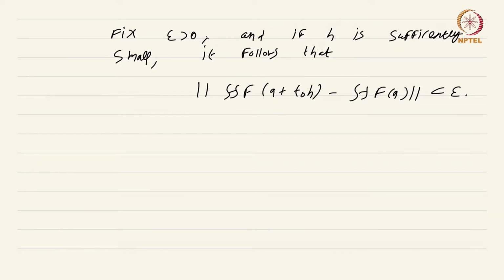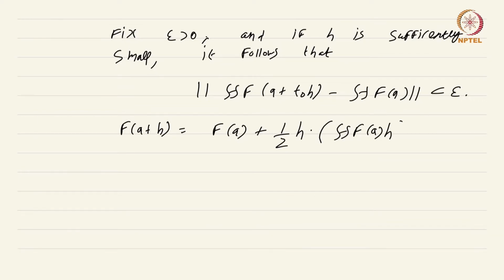Now the net upshot of this discussion is, I can write f of a plus h to be equal to f of a plus half, oh, I forgot that h term, so half h dot product Hessian of f at a acting on the vector h plus an error term. Okay, so this error term occurs because I have replaced Hessian of f at a plus t naught h by just Hessian of f at a.